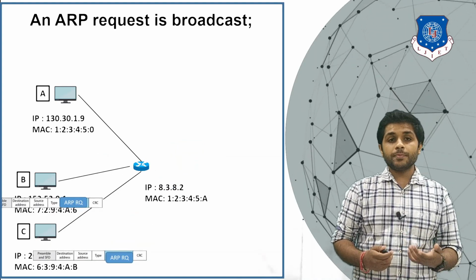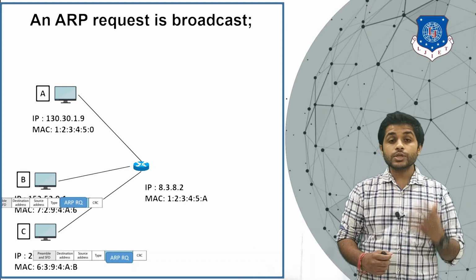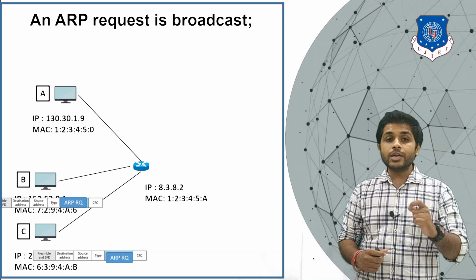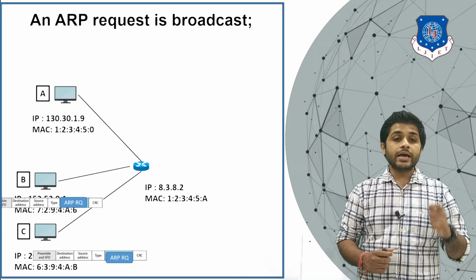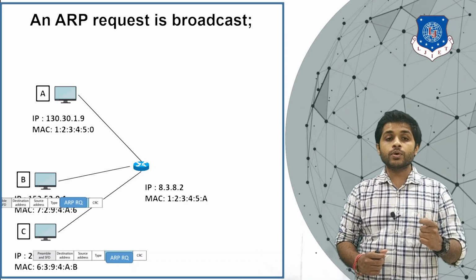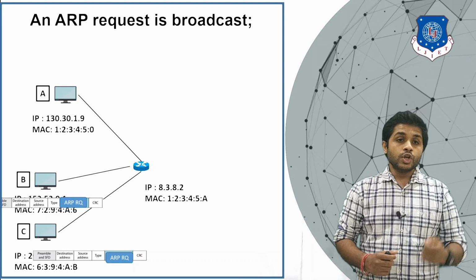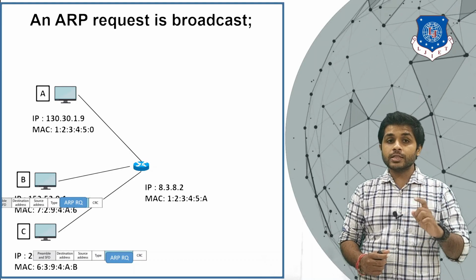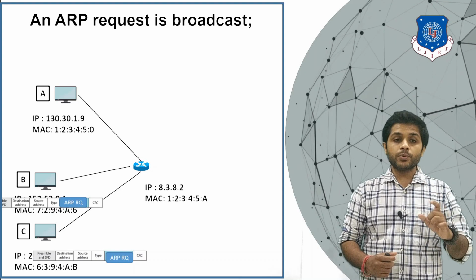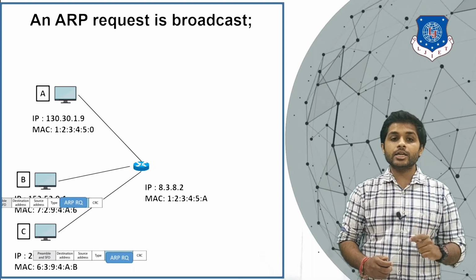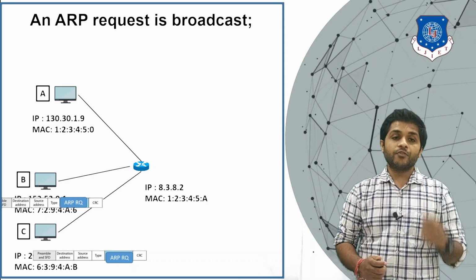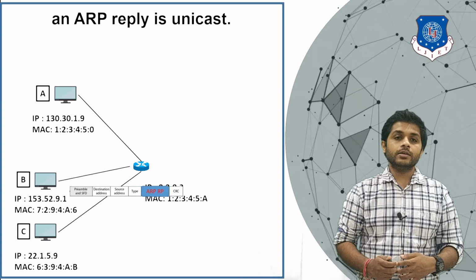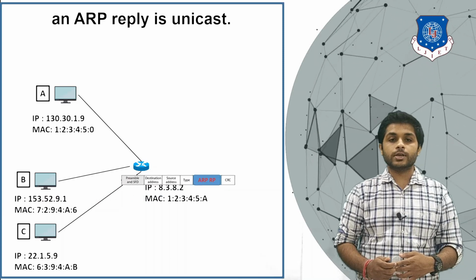But the ARP reply is unicast. Whenever B receives the ARP request, from the values in the fields, B finds that device A wants to know its MAC address. So B will put in the MAC address which was empty during the request, and it will send the frame to device A. The reply is always unicast.